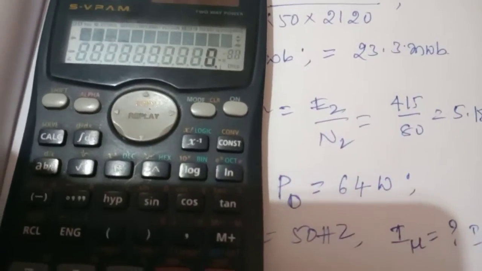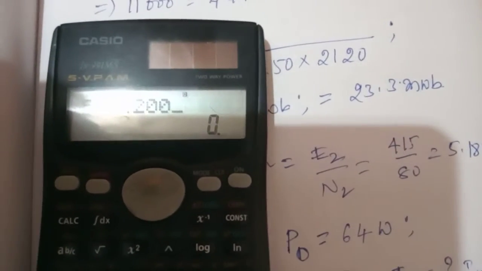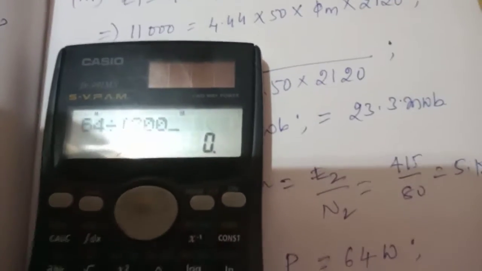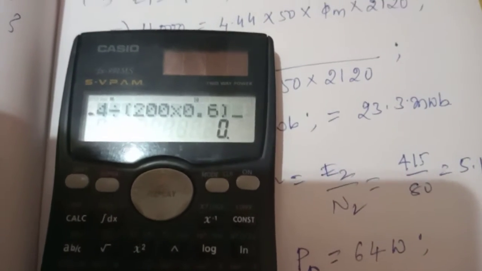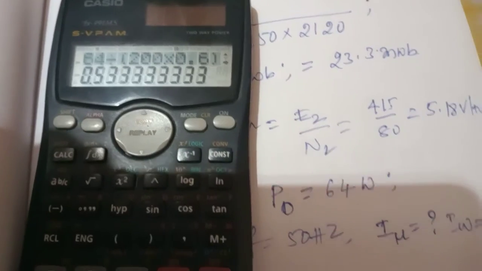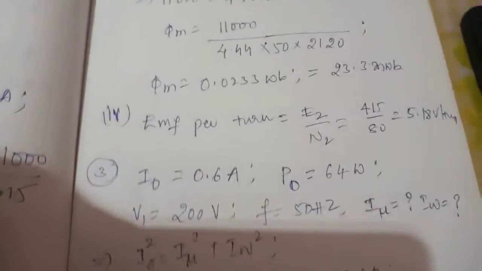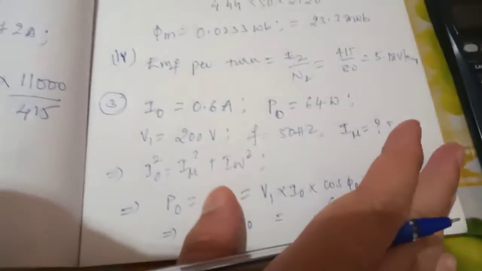This gives 64 divided by open bracket 200 into 0.6. It comes around 0.53, with no unit. The power factor is 0.53. So what is phi naught?